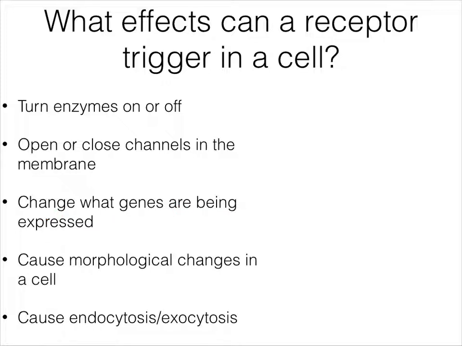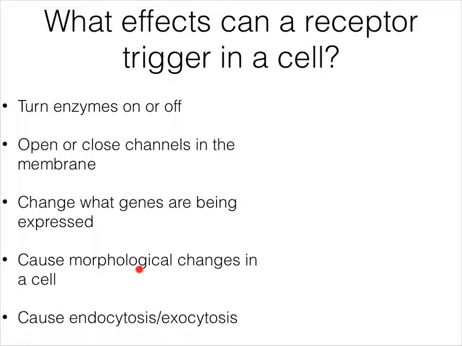We saw an example of that with our steroid hormone on the last slide. Even non-steroid hormones can sometimes have changes in what genes are being expressed. For instance, thyroid hormone and growth hormone are both good examples of that we'll talk about later.